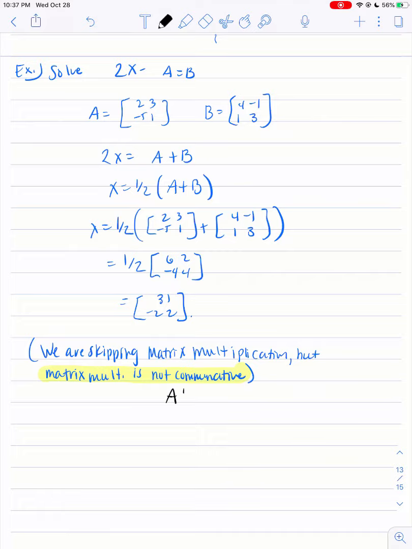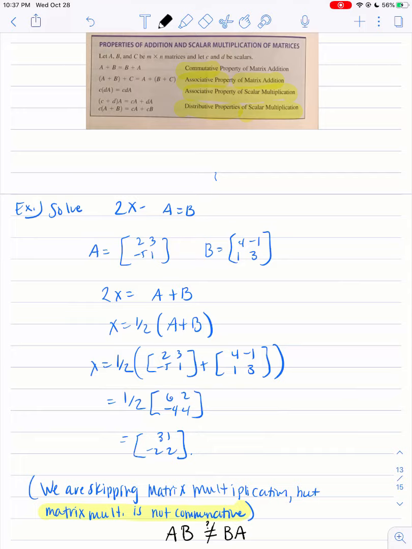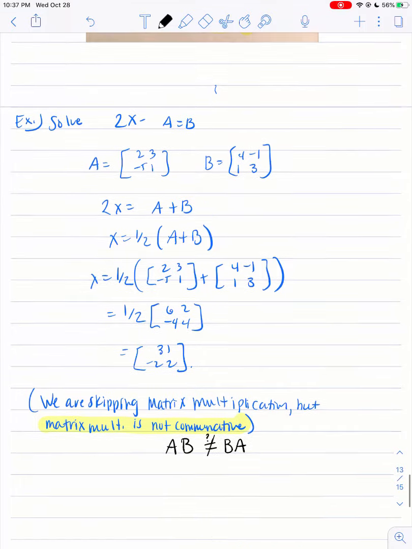So if we had matrices A and B, AB may or may not equal BA, but most likely it doesn't. If we're multiplying by a scalar, it is commutative, but matrix multiplication is not commutative.